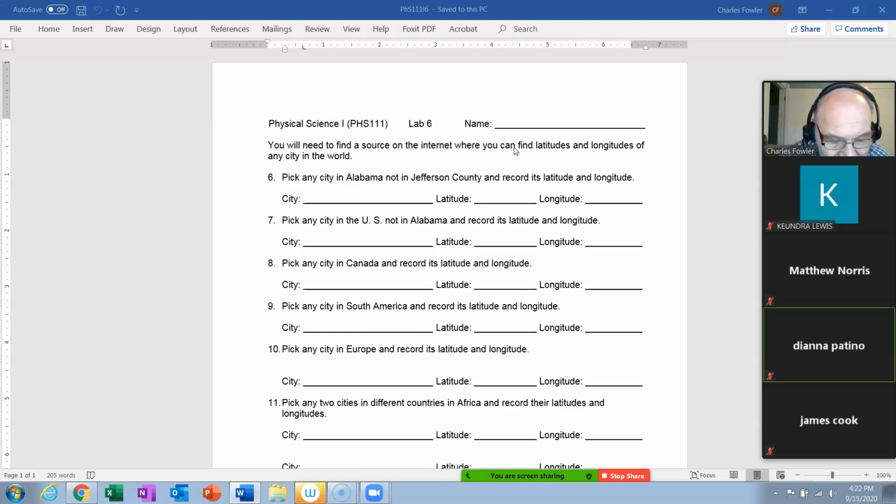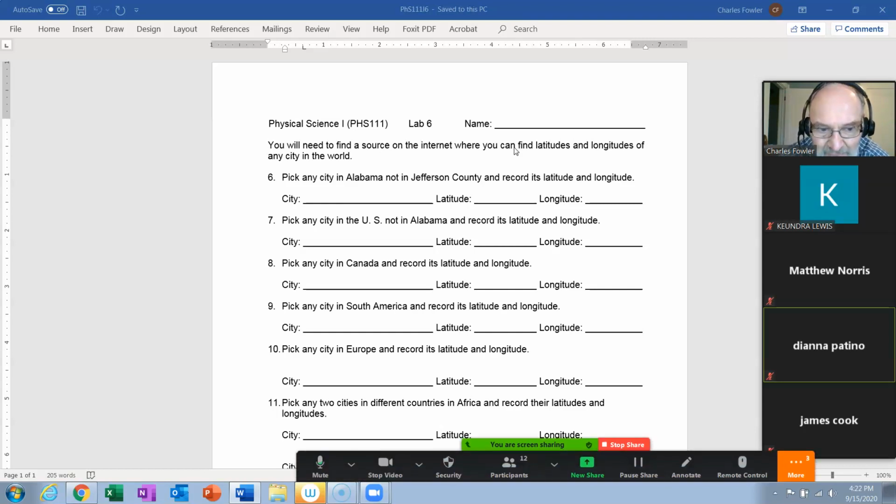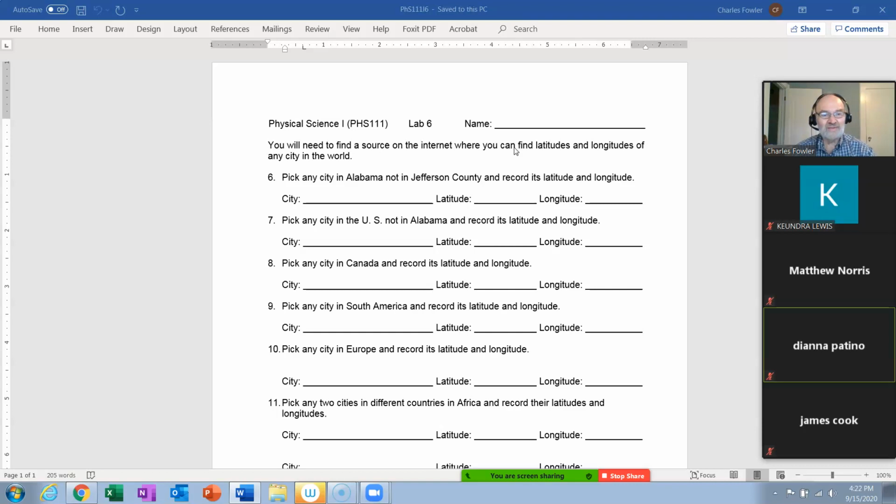I'm here till, well, I'm here all night. I mean, I live here, but I'll stay on as long as you need me to. But if you don't need me to be here, I'll be glad to get off and start trying to print out labs and other things you've turned in already. So let me know what you'd like to do. I do notice people are checking out themselves, so I understand that. You don't need this open to do your lab.